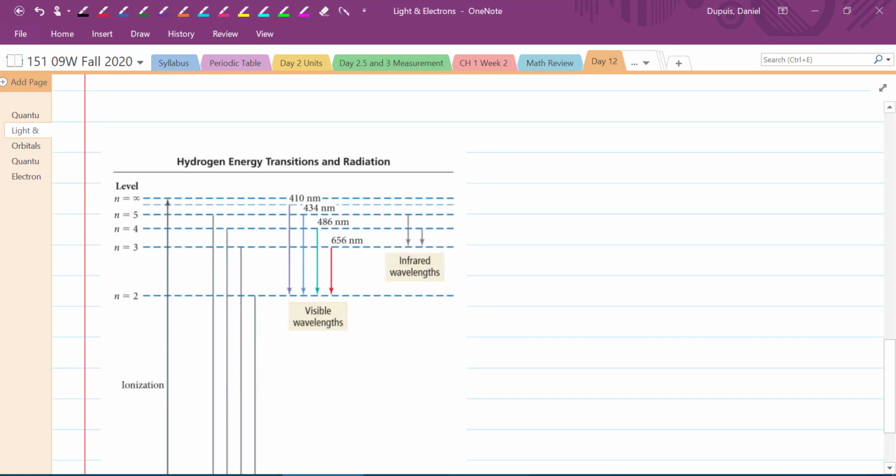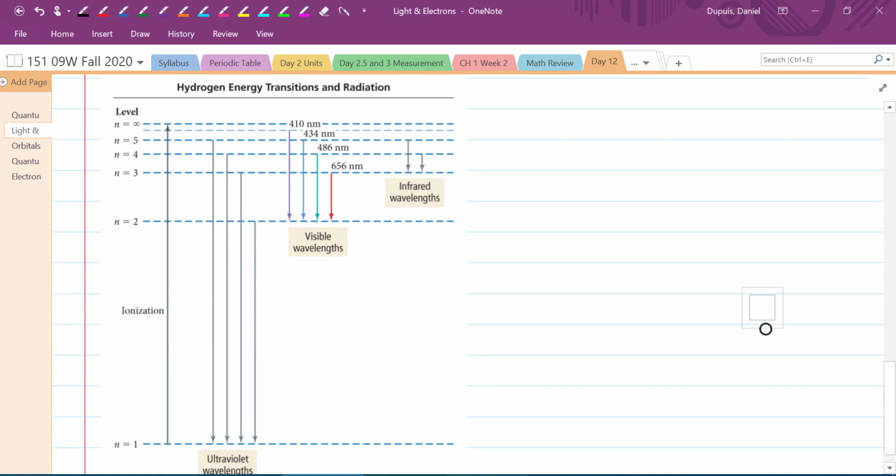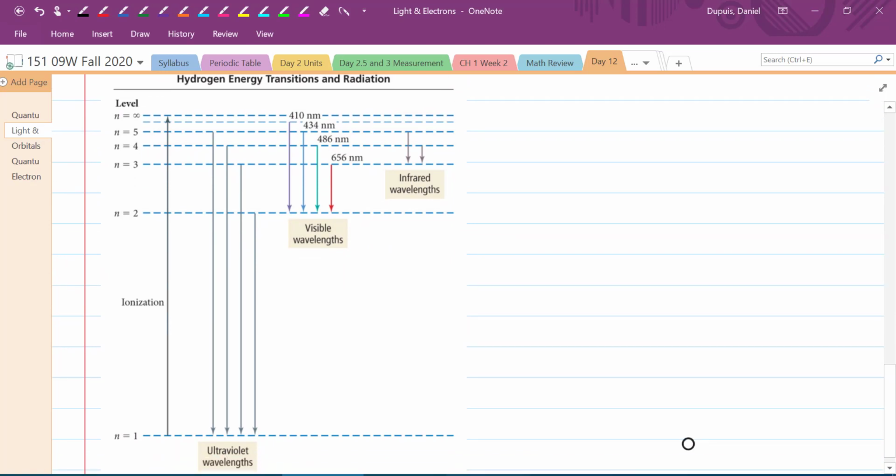Now, qualitatively, here's all the hydrogen atoms. Again, the ones we can see are the visible. We can still observe the infrared and the ultraviolet, we just can't do it with our eyes. We have to use some type of other detection, just like night vision or thermal optics.